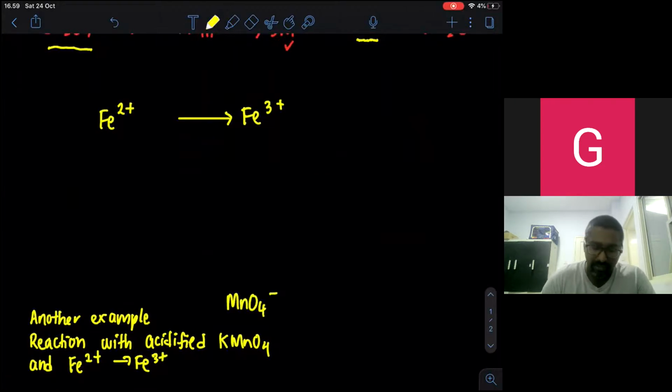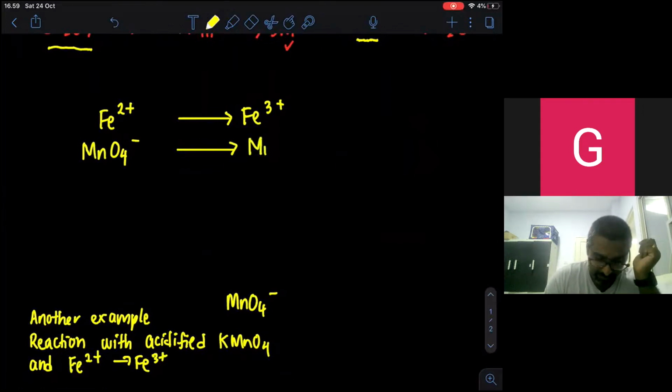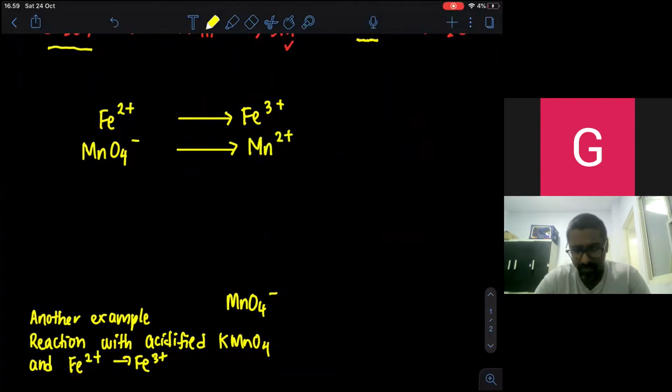These manganate ions, they will not tell you what they will give you, but you need to memorize this: the manganate ion will give you Mn2+. These are the two important things that we need to come up with first before trying to balance the reaction, or before coming up with the overall ionic equation.